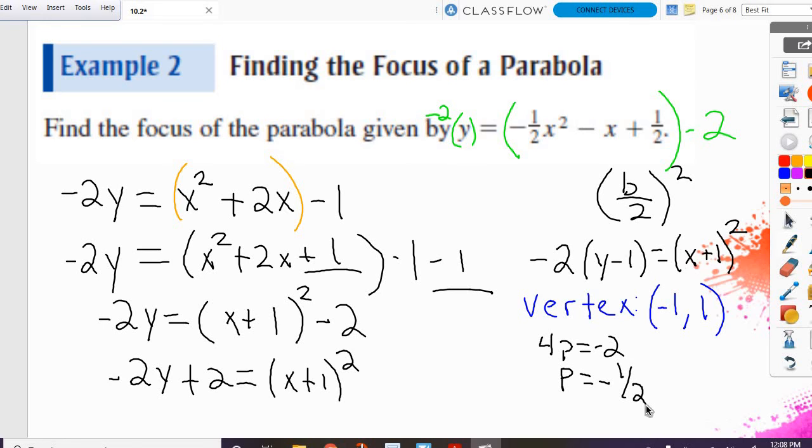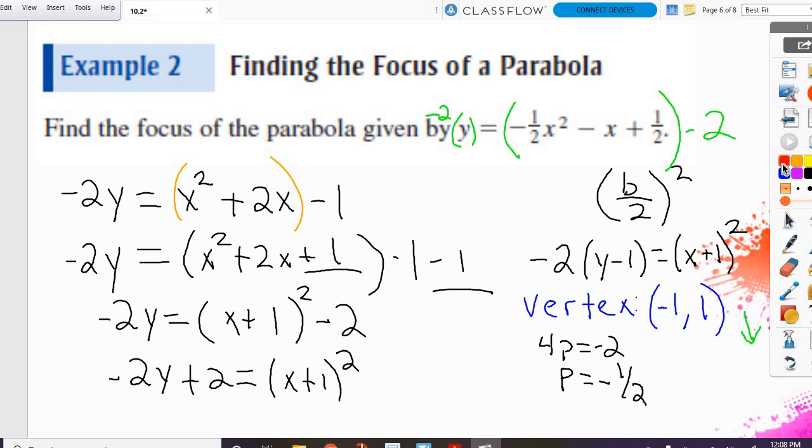So which way did we say that our parabola is going to face? Down. So that means that remember that our focus, since it's on the inside, also has to be below our vertex, specifically by negative 1/2.